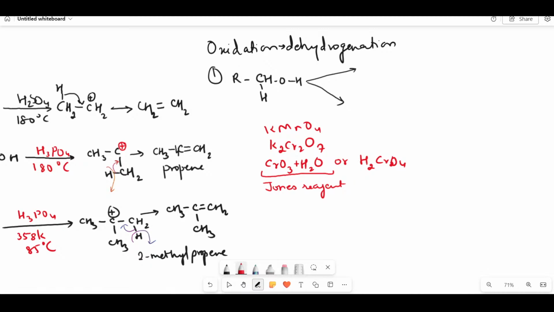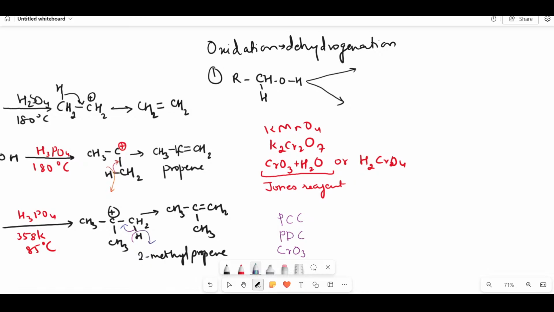Mild oxidizing agents are like PCC, that is pyridinium chlorochromate, or PDC, that is pyridinium dichromate, or anhydrous chromium anhydride, that is without water. If water is present, it will be a strong oxidizing agent. So let us see the reaction with mild oxidizing agent as well as strong one.